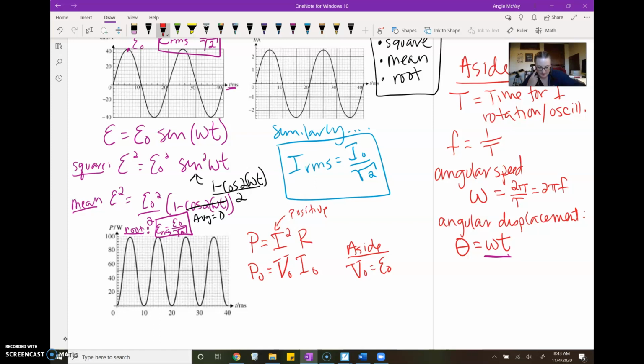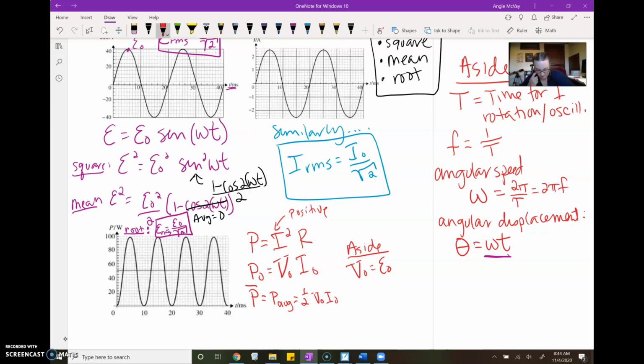And then you could do average power. You could also write this as P average is equal to 1/2 of that maximum voltage times maximum current. All right.